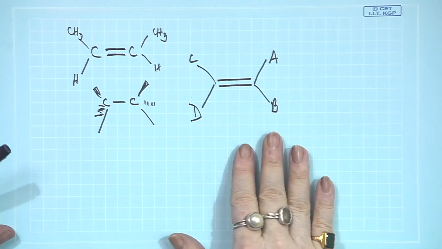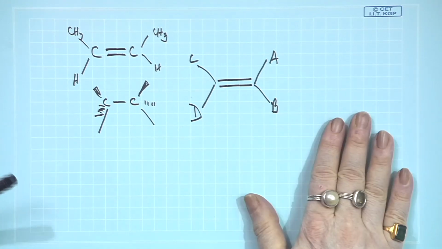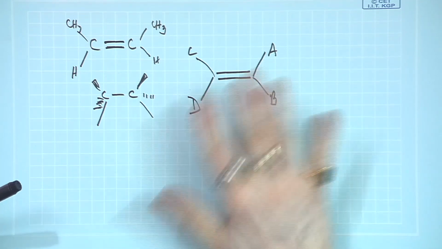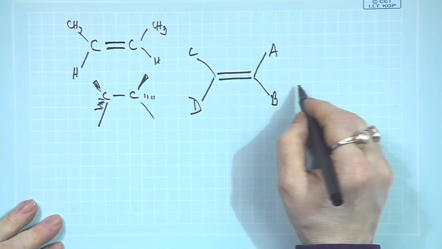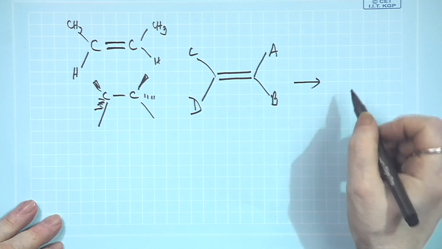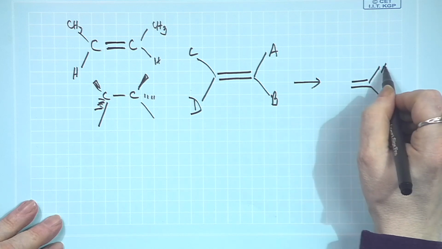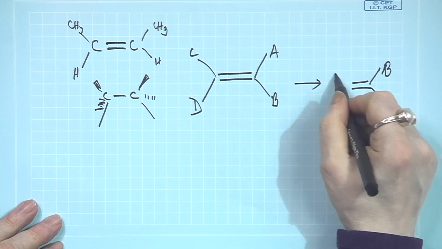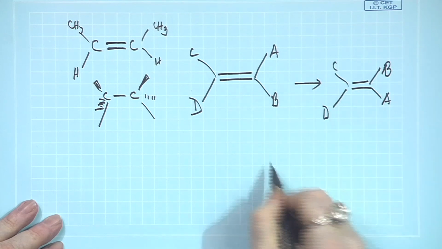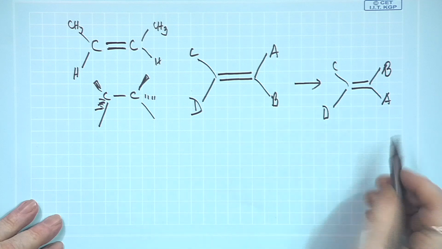But if it is planar, then it cannot show chirality. What it can show is what was known as geometrical isomerism. Now, we call that diastereomer. So, you can have another form where B is here, A is there. So, these are 2 forms.